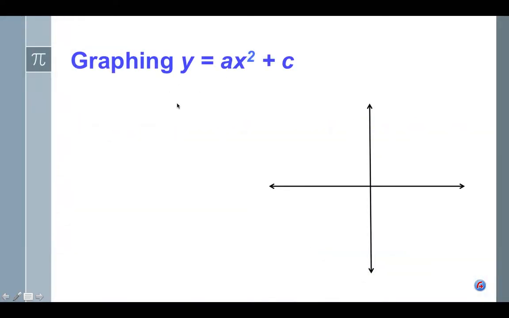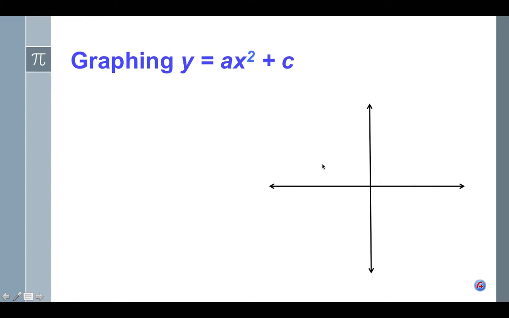So there are two different types of quadratic functions that we can graph. The first one being when there is no bx term, or no linear term, in the quadratic function. If there's no linear term, this is actually the easier function to graph, in my opinion.